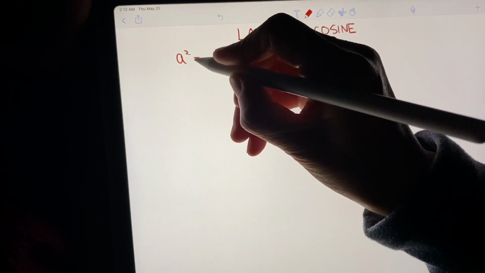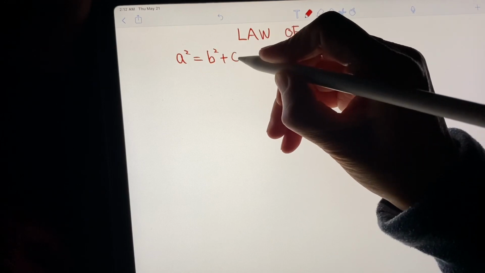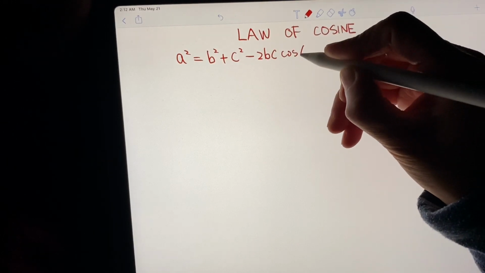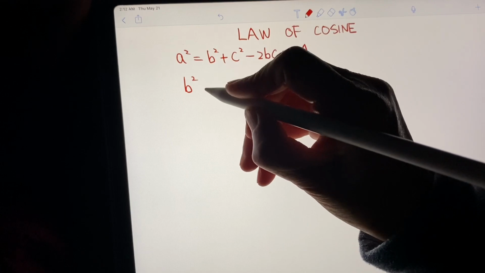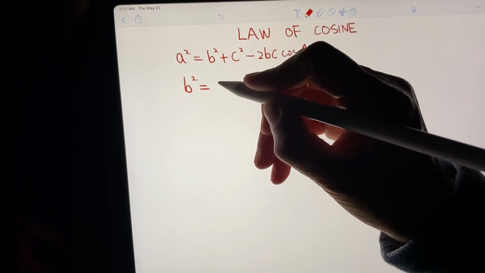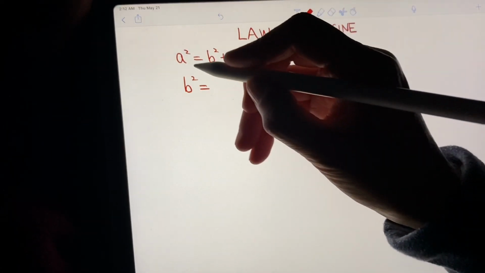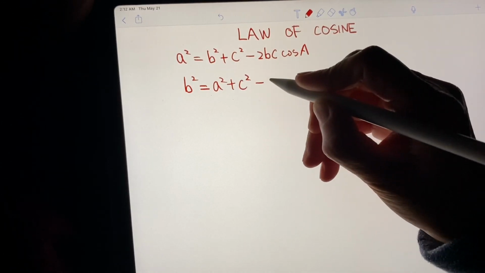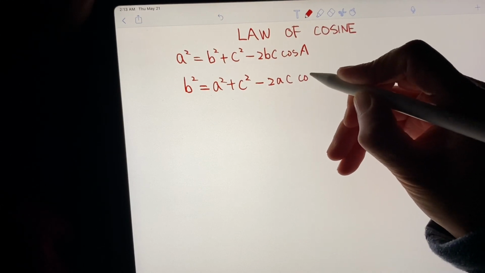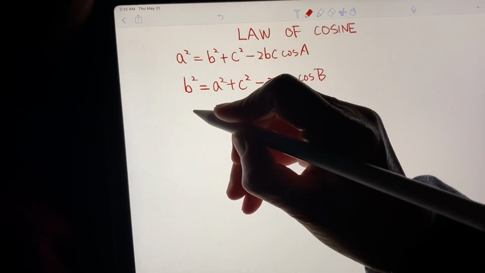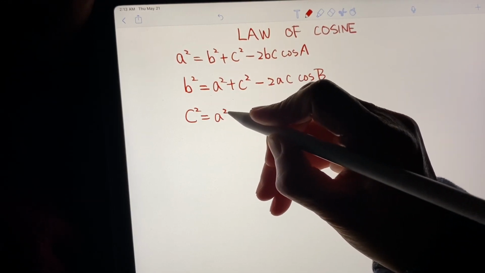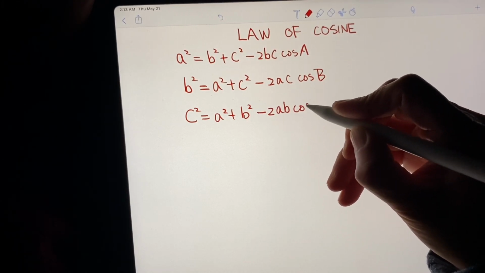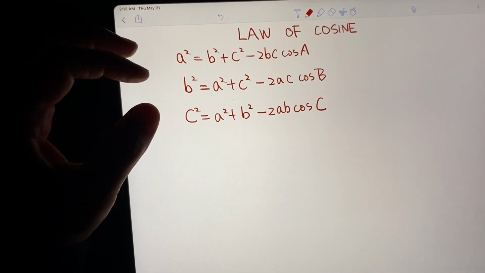A squared equals b squared plus c squared minus 2bc cosine A. And all these three sides are reciprocal. B squared equals a squared plus c squared minus 2ac cosine B. C squared equals a squared plus b squared minus 2ab cosine C. So that's the law of cosine.